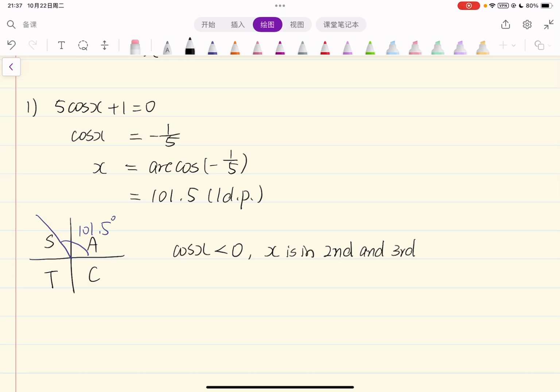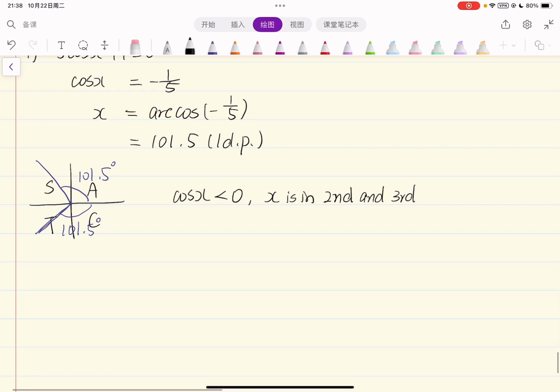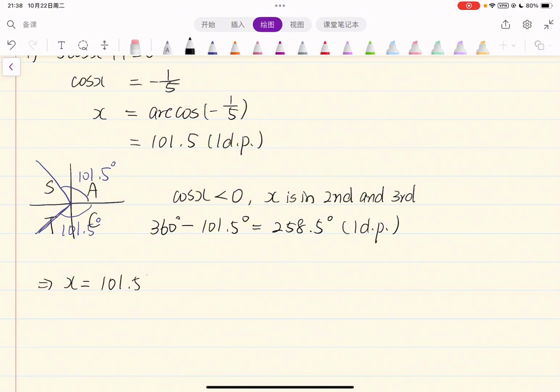So we have another angle, 101.5 degrees over here. Thus, the second possible solution should be 360 minus 101.5 degrees, which equals 258.5 degrees to 1 decimal place. For this situation, we have x equals 101.5 degrees and 258.5 degrees.